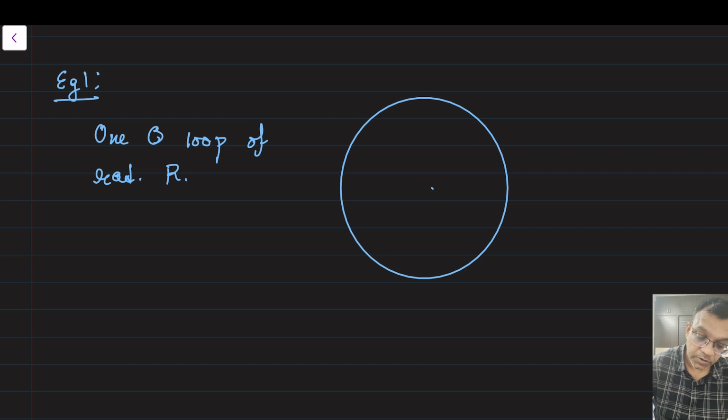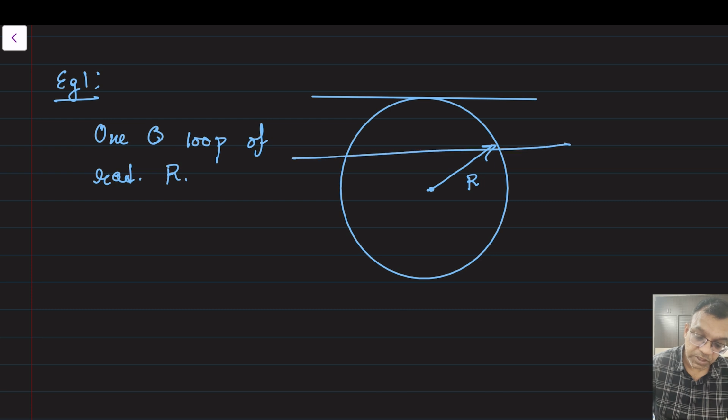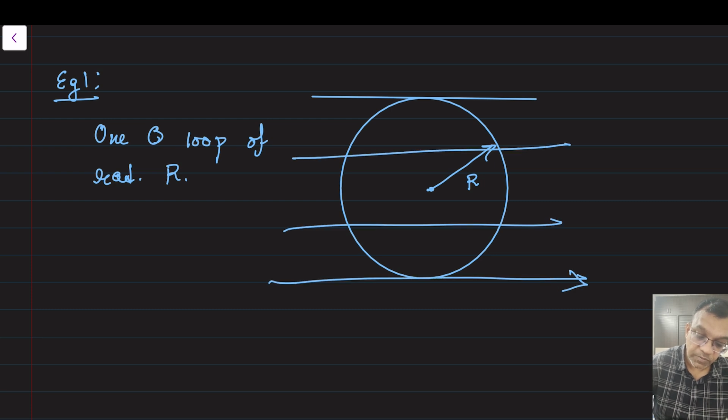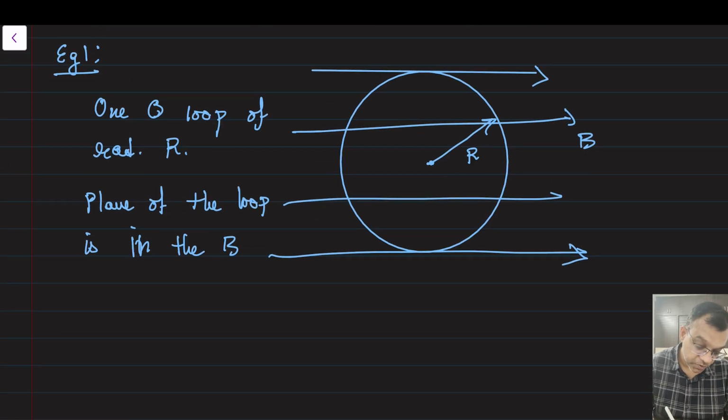This one is kept in a uniform magnetic field B, and the plane of the loop is in the magnetic field. Then what is the flux linked with it?